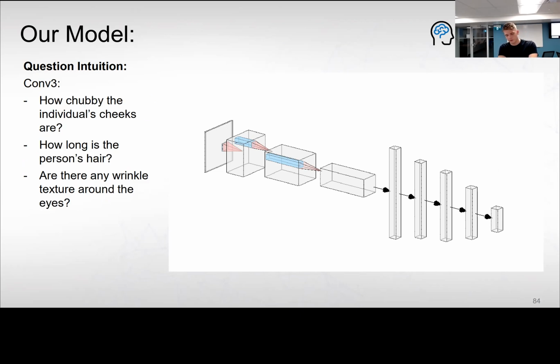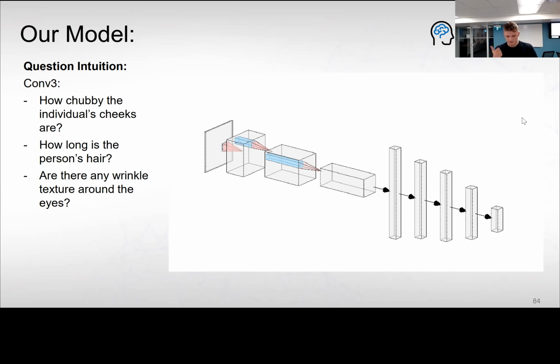And then in convolutional neural network 3, we're getting to the really high level, interesting questions that are very strong at determining gender, age, ethnicity. How chubby are the individual's cheeks? How long is the person's hair? Are there any wrinkle textures around the eyes? So your last question set is going to output to a linear component.